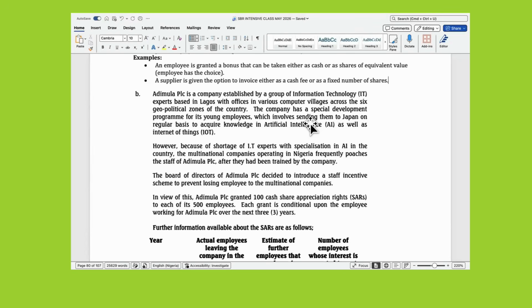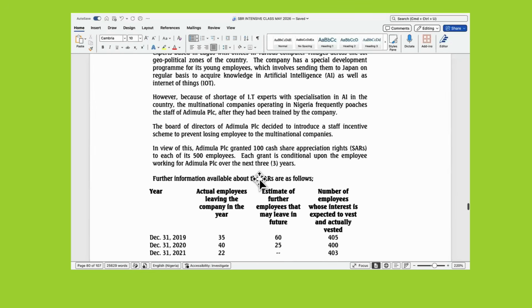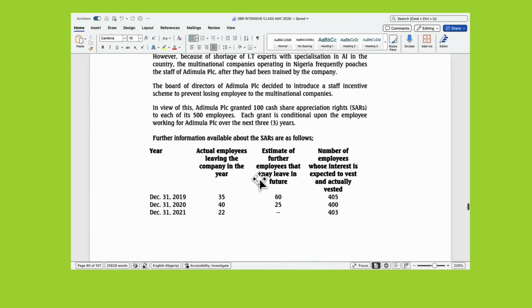Each grant is conditional upon the employee working for Adimola PLC over the next 3 years. Further information available about the SAR as follows. We're given the actual employees leaving the company in the year. We're given estimate of further employees that may leave in the future. We're also given number of employees whose interest is expected to vest and actually be vested.